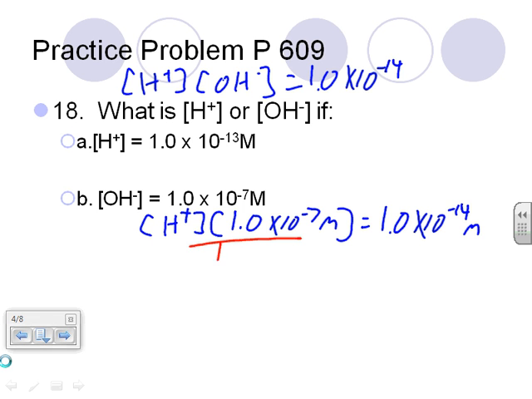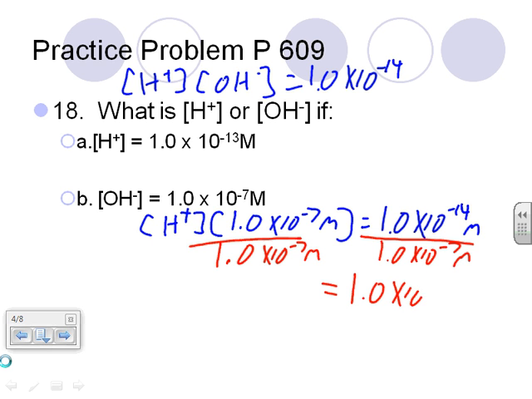Divide both sides by 1.0 times 10 to the minus 7th. And we will get 1.0 times 10 to the minus 7th for our answer. It's going to be molar.